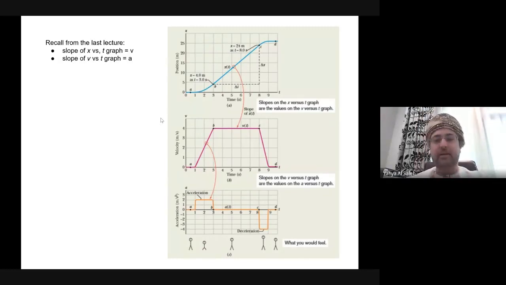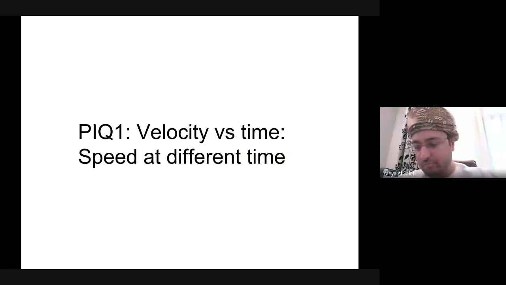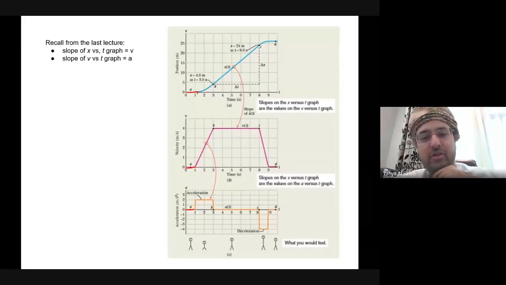These three graphs are basically a summary of what we did in the previous lecture. We start with a flat line in position. That gives us a flat line in velocity and a flat line in acceleration.